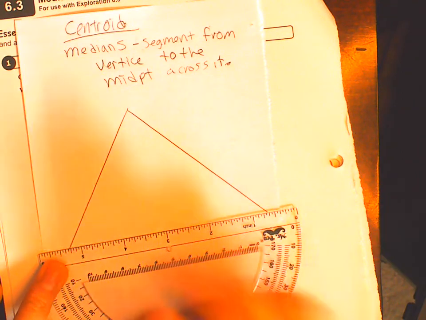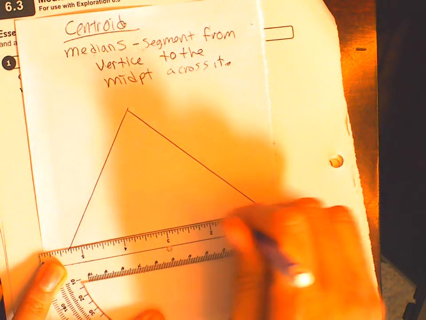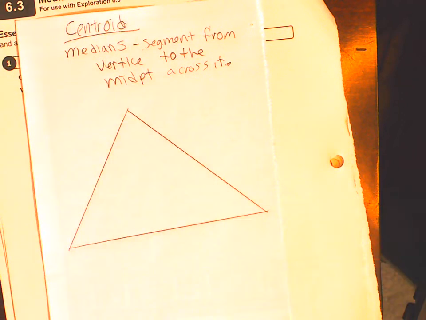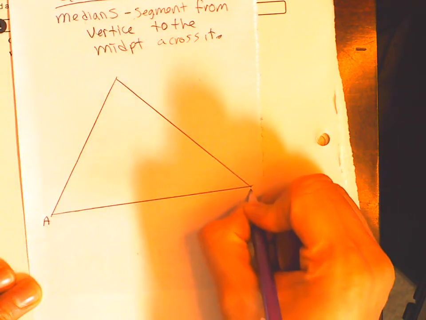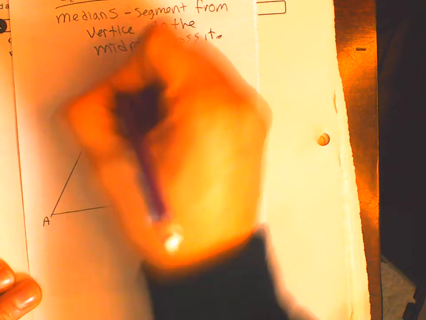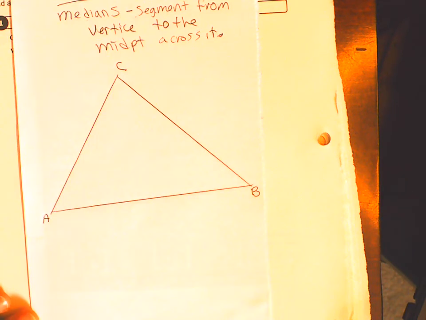So here is my triangle. All right, I'm going to call my triangle ABC. Now, in order to get the median, we're going to pretend like we're going to do a perpendicular bisector, but we're not doing any perpendicular lines.